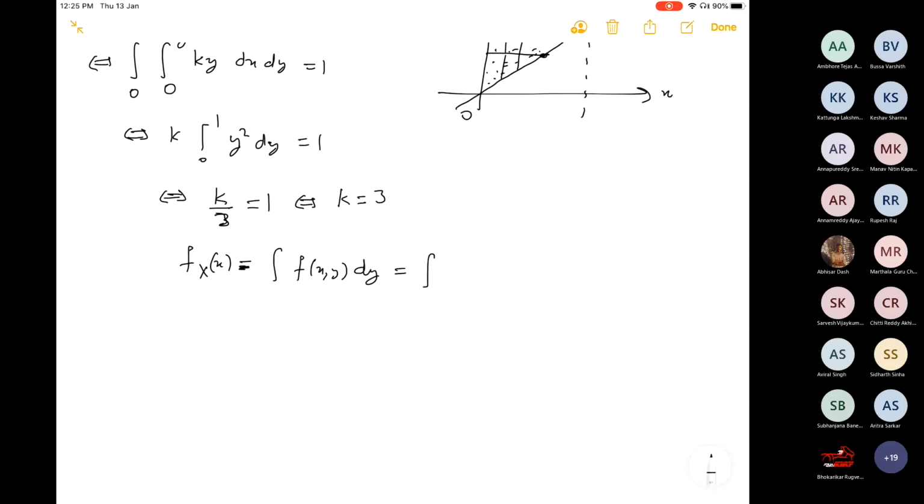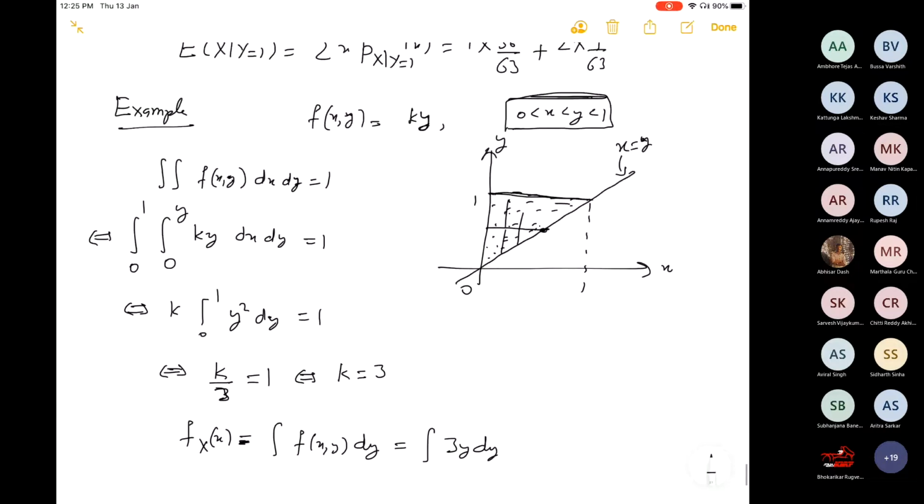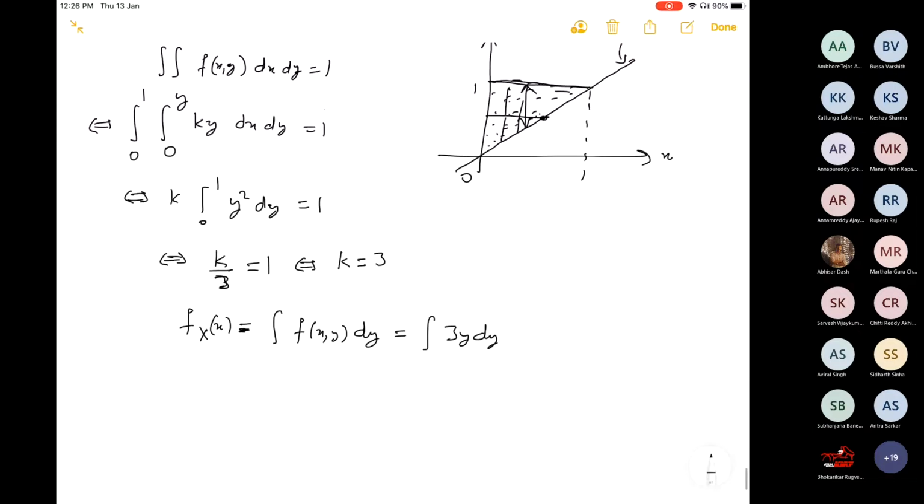So therefore this will be k times y, k is 3, y, and y is varying from x to 1. So this will be y square by 2. So 3 by 2 and 1 minus x square. X is between 0 to 1. This is the marginal of x.